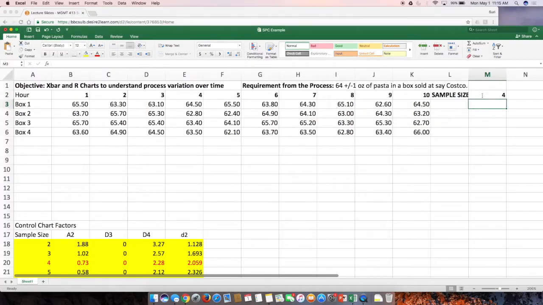What's the logic here? Remember, what happens as you collect a bigger and bigger sample? Do you get more confidence or less confidence? You get more confidence as you increase the sample size. More confidence in this case to do what? To certify a process.